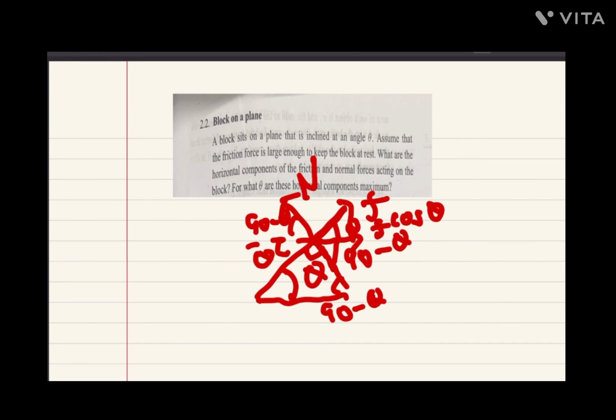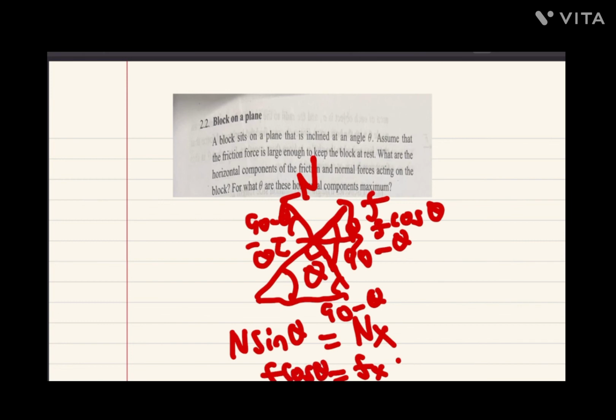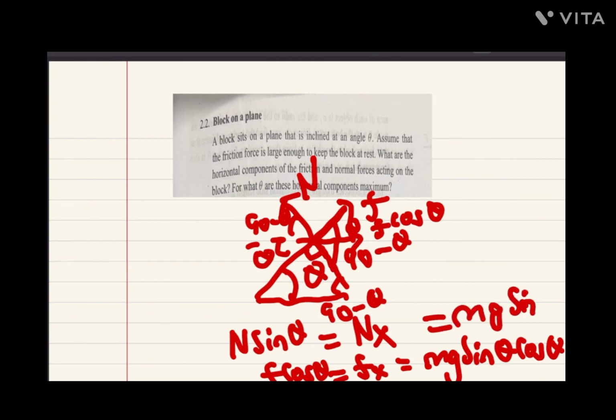N cos(90 minus theta) is N sin theta. N sin theta is the horizontal component of normal force, and f cos theta is the horizontal component of frictional force. Frictional force is mg sin theta as we have calculated, only then will the block be at rest. Similarly, normal force is mg cos theta. So the horizontal component of normal force should be mg sin theta cos theta.